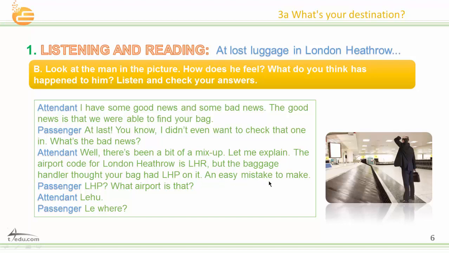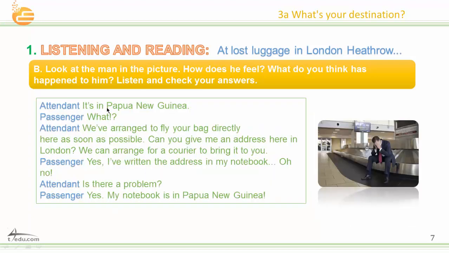An easy mistake to make. LHP? What airport is that? Lahu. La where? It's in Papua New Guinea. What? We've arranged to fly your bag directly here as soon as possible. Can you give me an address here in London? We can arrange for a courier to bring it to you. Yes. I've written the address in my notebook. Oh no. Is there a problem? Yes. My notebook is in Papua New Guinea.